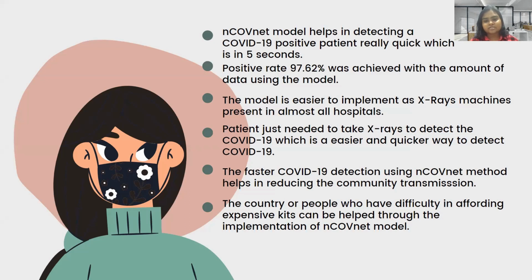Patients just need to take an X-ray to detect COVID-19, which is an easier and quicker way. The faster COVID-19 detection using the NCOVNet method really helps in reducing community transmission, as when they find a COVID-19 positive patient, they can prevent them from transmitting it to other people who are not infected.